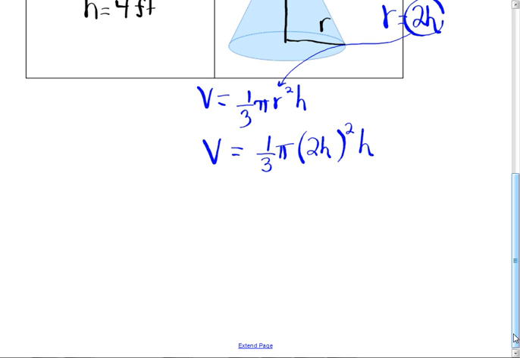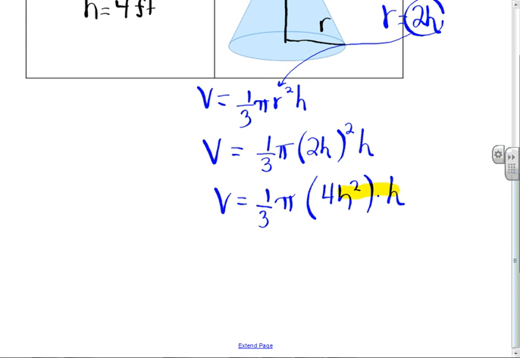No, you are going to simplify that. So V equals 1/3 of pi, not skipping any step, times 2h quantity squared times h. Derivative now? No. What should I do with these h's? Multiply them out.